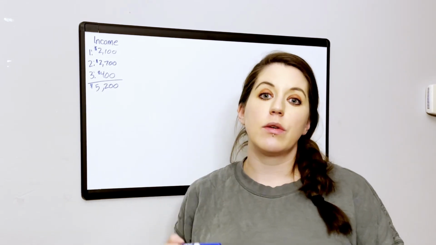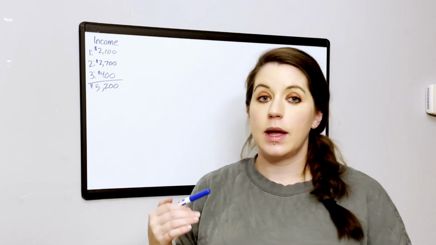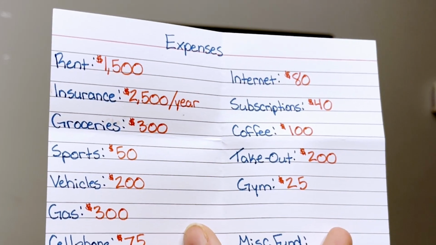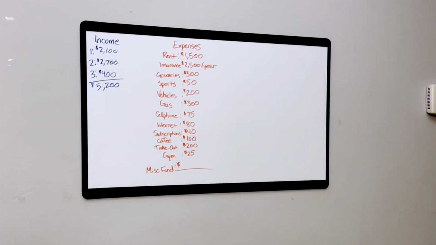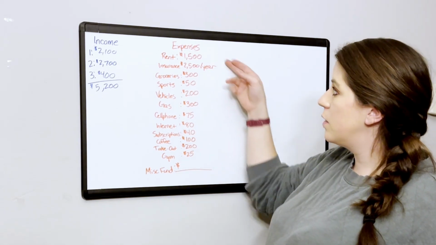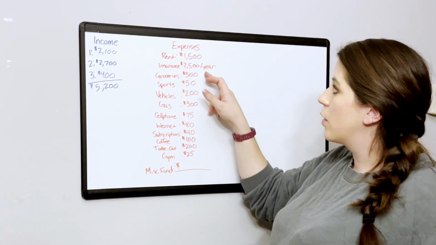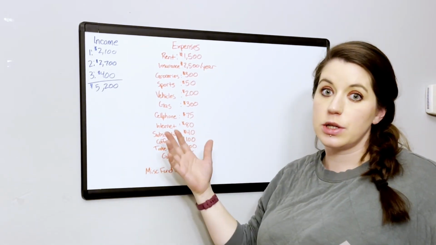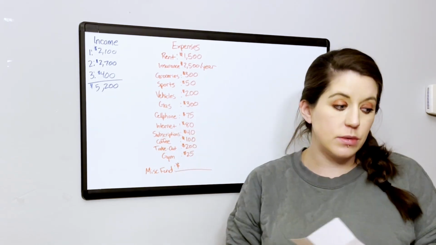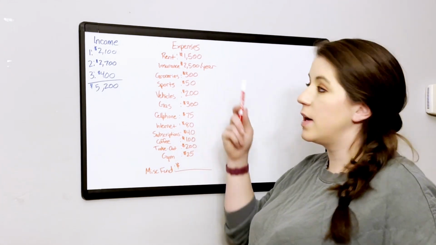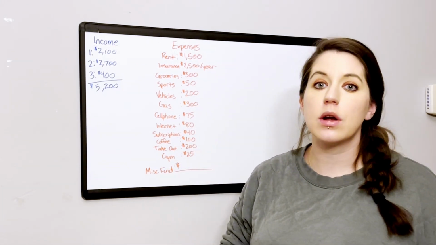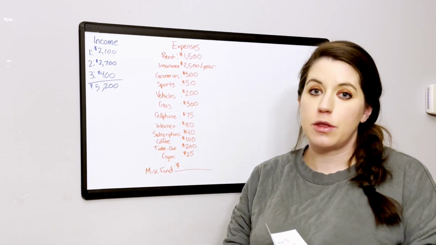And now we are going to pick out an expense scenario. So this is their expense scenario, and we have written it down. Now, to make sure that we are on an even playing field here, we are going to take the insurance, which is actually a yearly amount, and break that down to a monthly amount, dividing that by 12, because there's 12 months in a year, and it comes to $208.33.